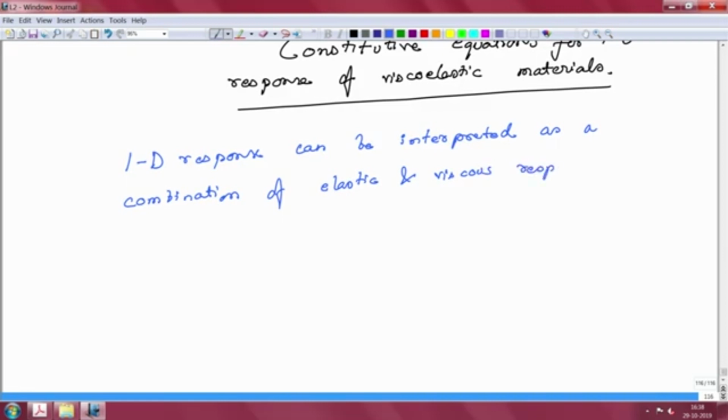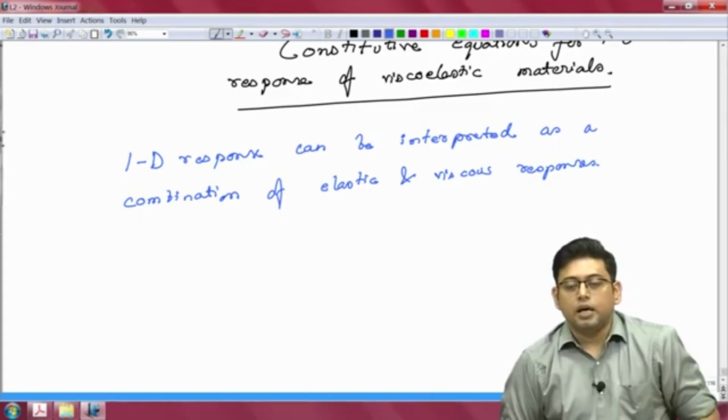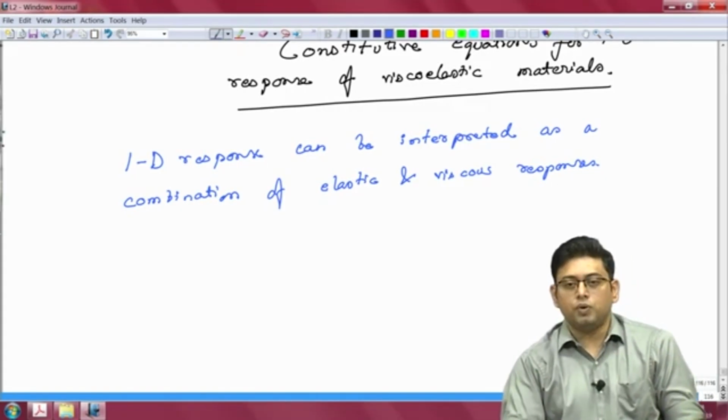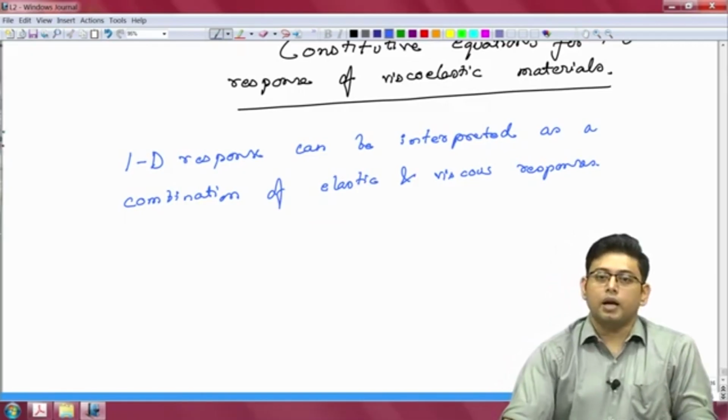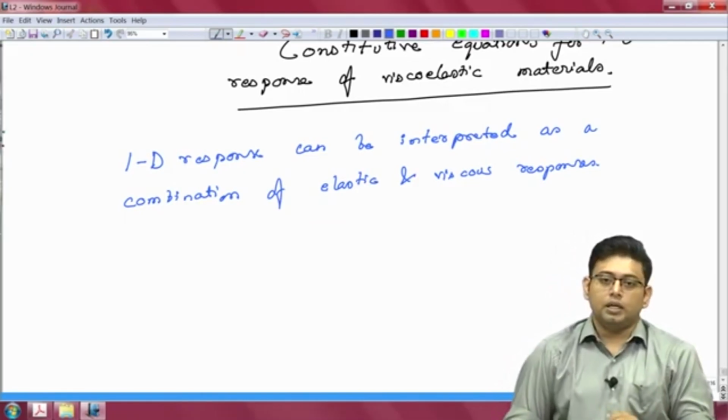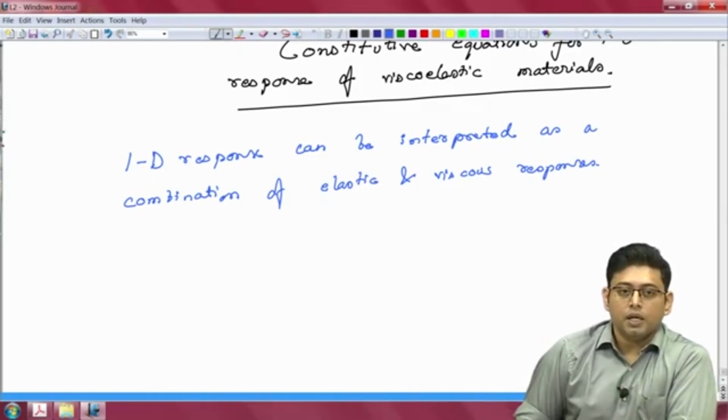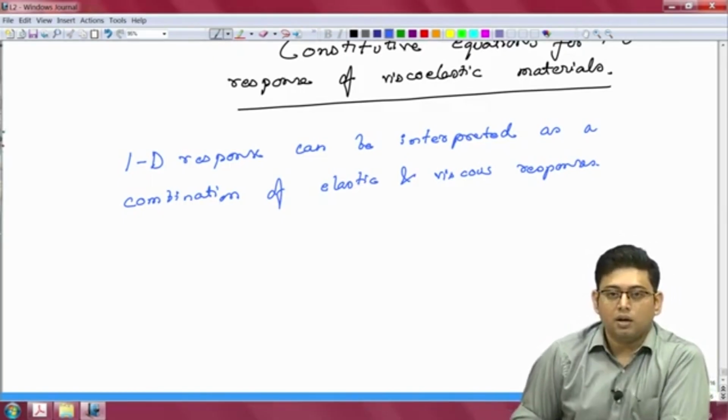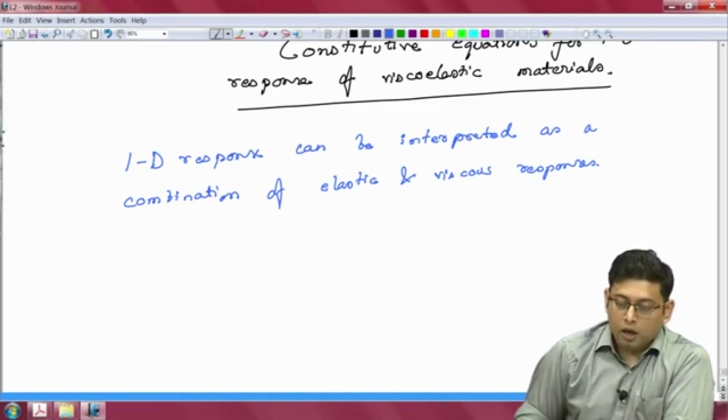This is something that we had said long ago when we discussed what a viscoelastic phenomenon is. So, in the case of 1D response, we can go back to that idea where viscoelasticity is represented as a combination of elastic response and a viscous response, right.